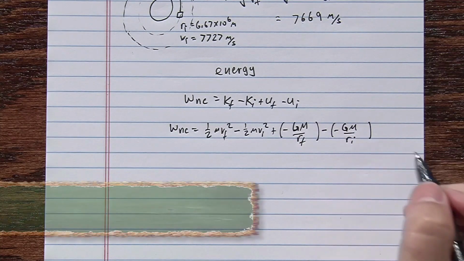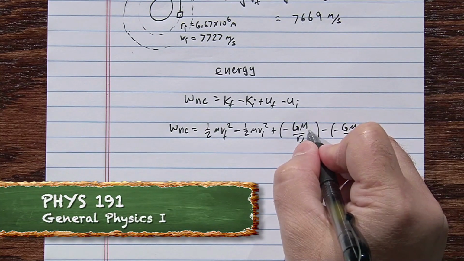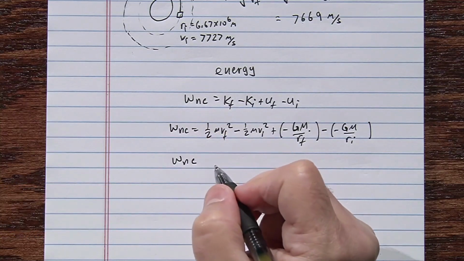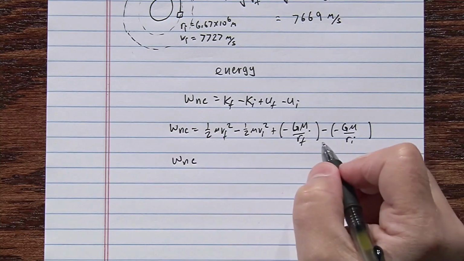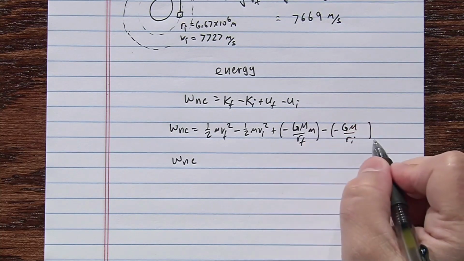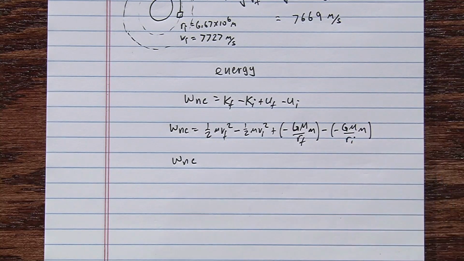And once again, to make our calculations a little bit easier, I'll write that as work non-conservative. And here I'm sorry, I actually left off something right here. I've left off the mass of the space shuttle. Yeah, so the potential energy is minus m G big M over R final.